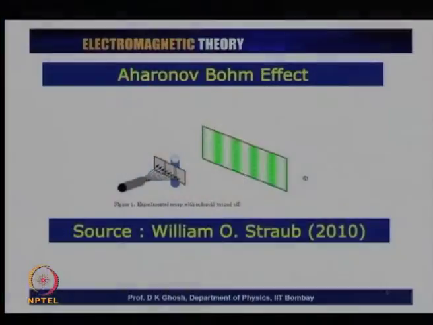These are more quantum mechanical experiments, but I would point this out here to tell you that the vector potential very much has a realistic origin. And this is done by an experiment which goes by the name Aharonov-Bohm effect.